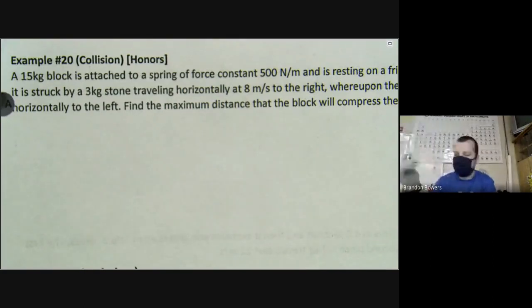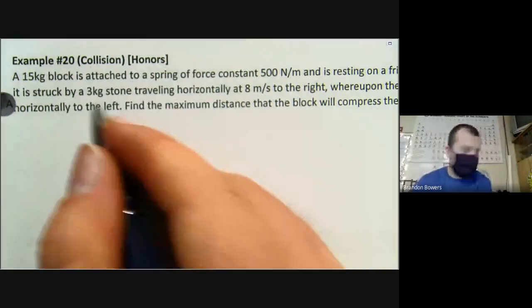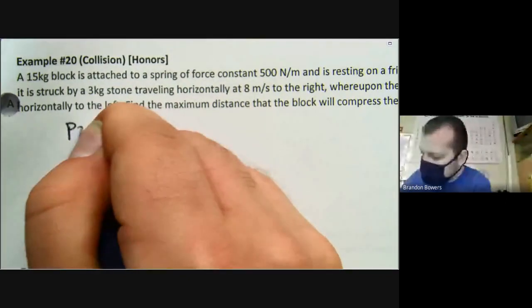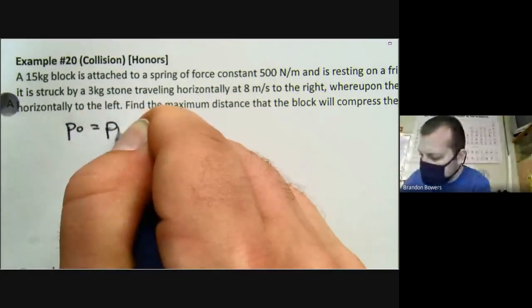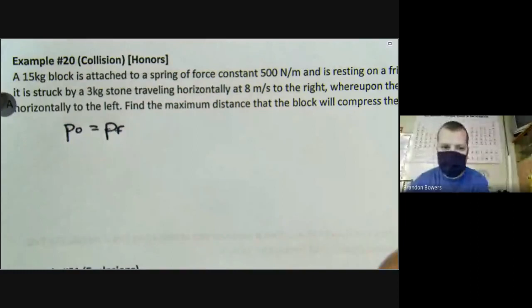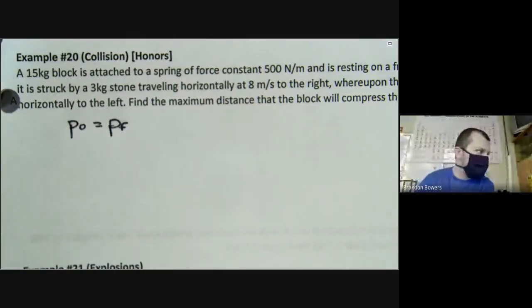So first find the final velocity of the stone. It's all sense now. So, same equation we've been using this entire time. So 3 kilograms.